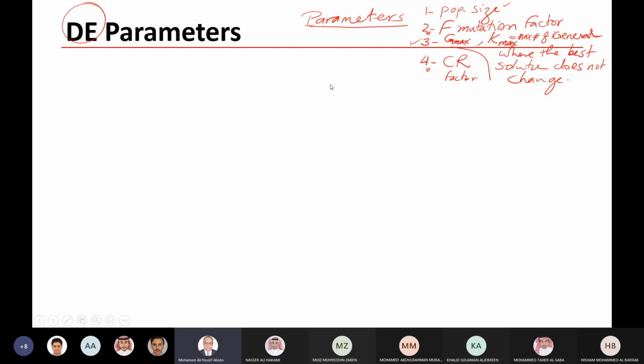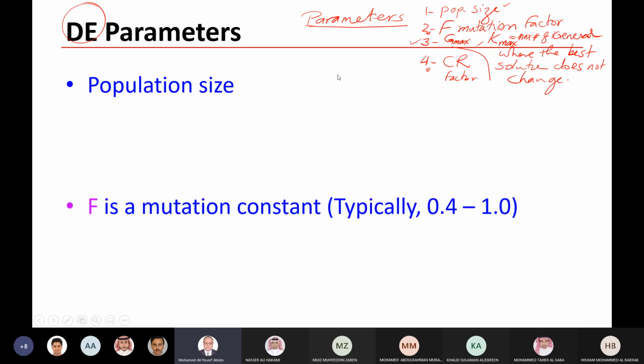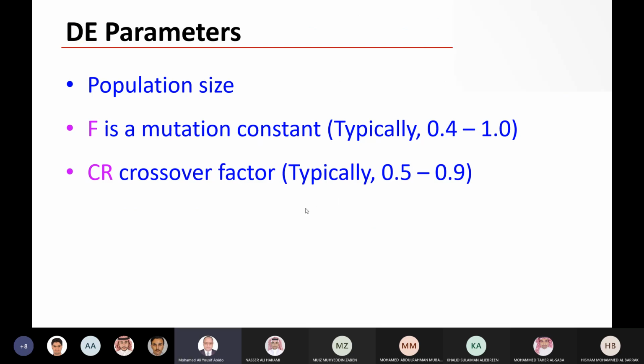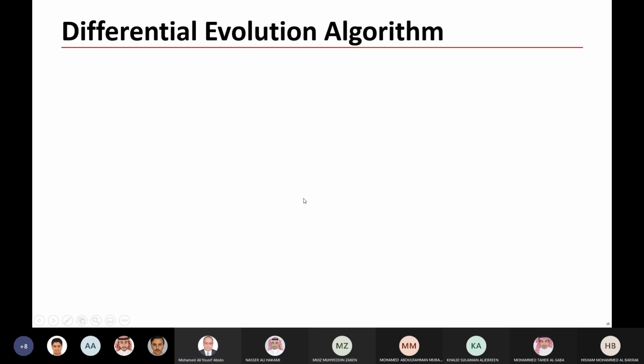It doesn't change much with these two parameters. So population size, the mutation factor F, and the crossover factor are what we need to set.